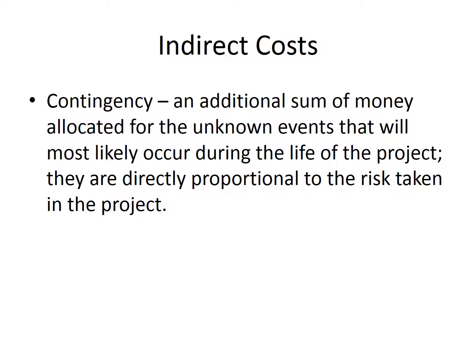So contingency, I can build that into my estimate, but if I put too much contingency in my estimate, I can price myself out of the bid. So contingency, just for testing purposes, really, we need to understand that is part of what's built into an estimate and a schedule, for that matter.